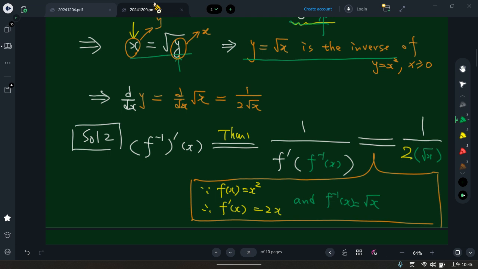Then we can get f prime x is 2x by following the original function definition. Then we already know f inverse x is this one. So we just use this square root of x as the input here, so that we can get this one. So finally, you can see both of them are the same.